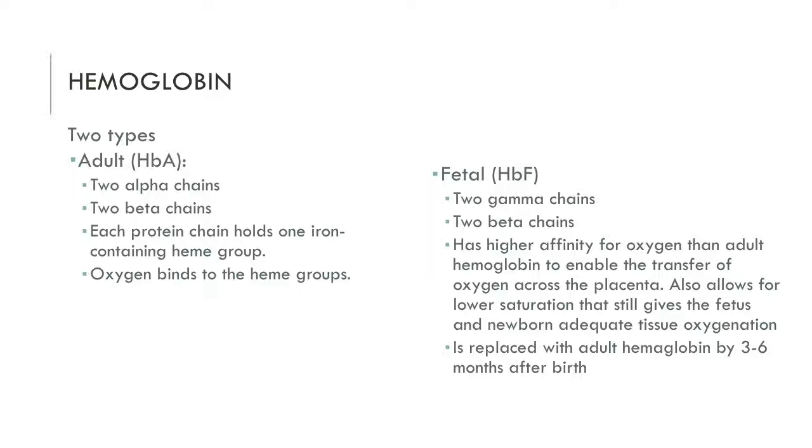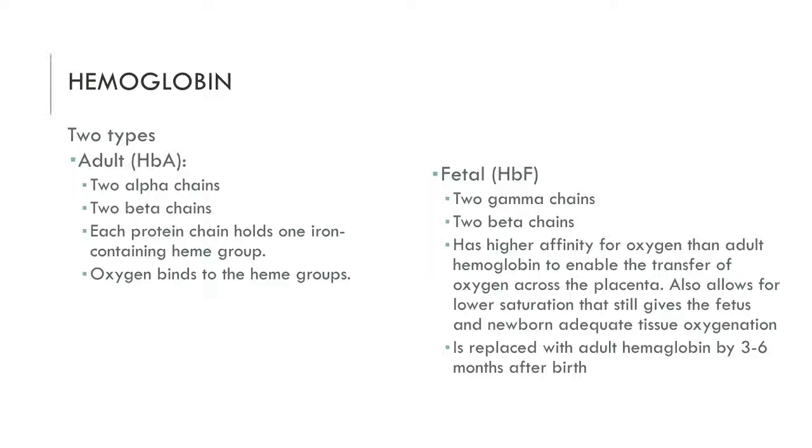Fetal hemoglobin is different, and it is the hemoglobin that the fetus has before it's born. And so, unlike the adult hemoglobin that has two alpha chains, it has two gamma chains, and it also has two beta chains.